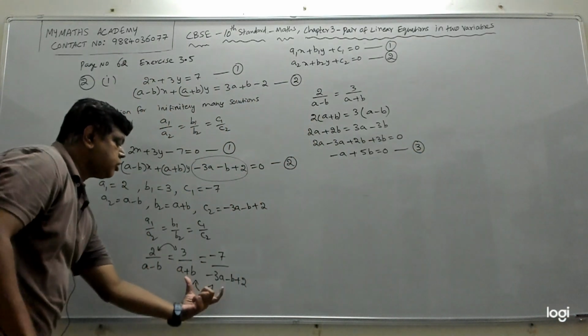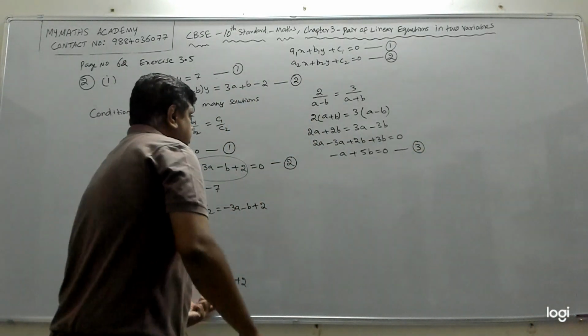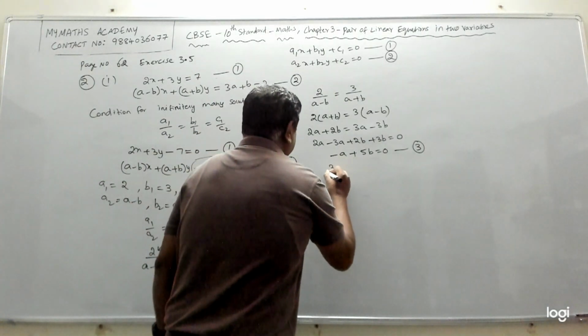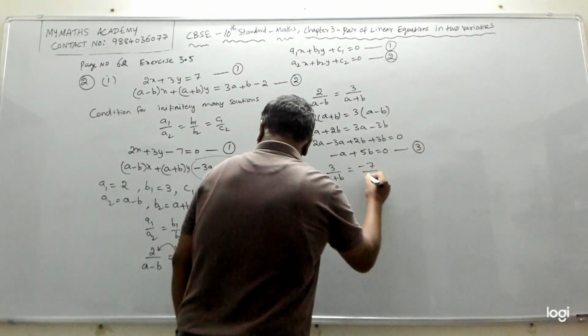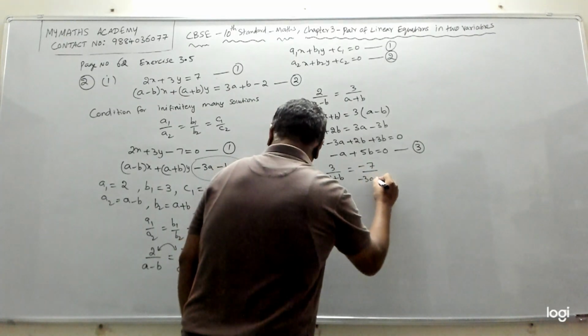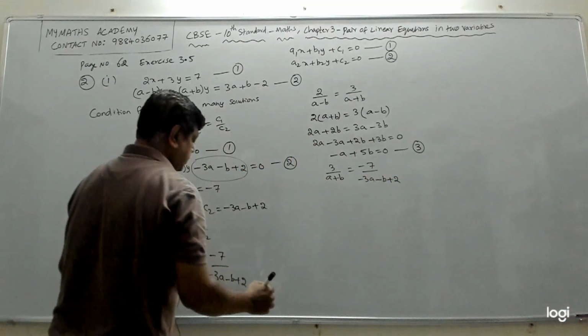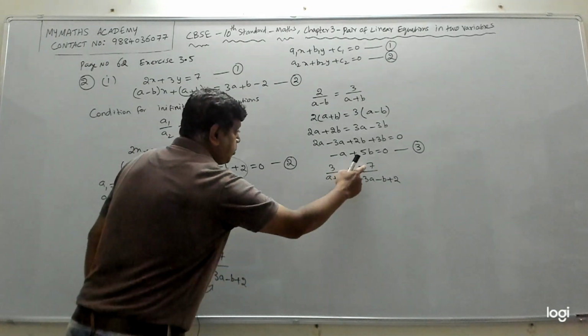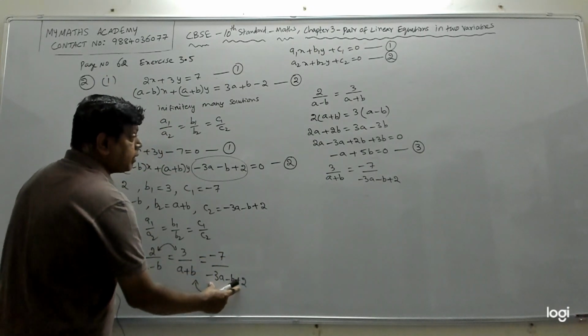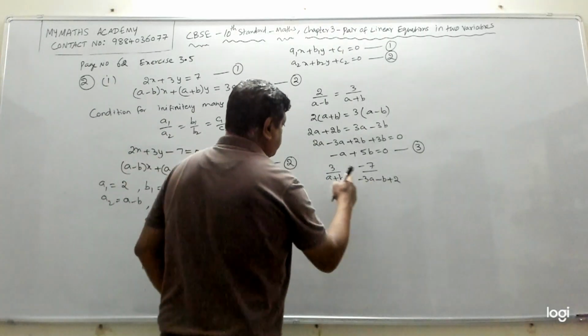Then let's take these two ratios. So 3 by a plus b equal to minus 7 by minus 3a minus b plus 2. Now cross multiply.